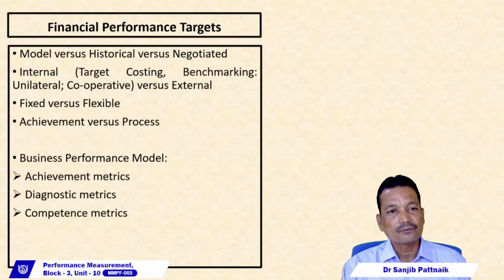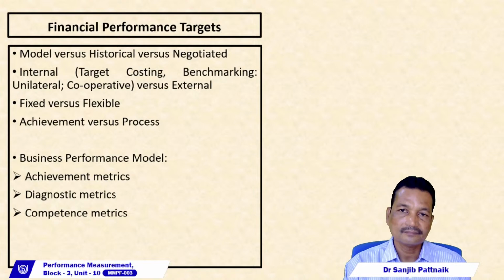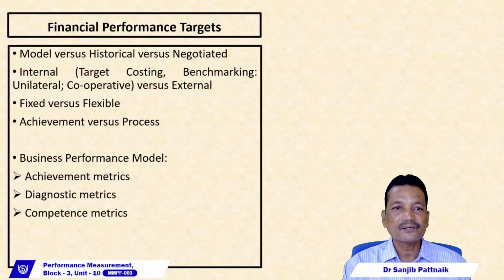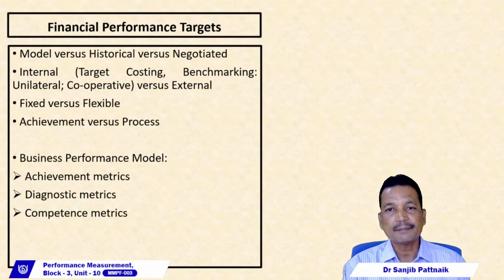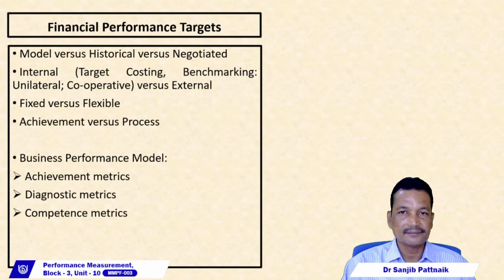Another way of looking at financial performance target is fixed versus flexible. Now, the name itself, fixed performance target, once we have set it, it will not be changed in the time frame for which the target has been created. It will remain constant.